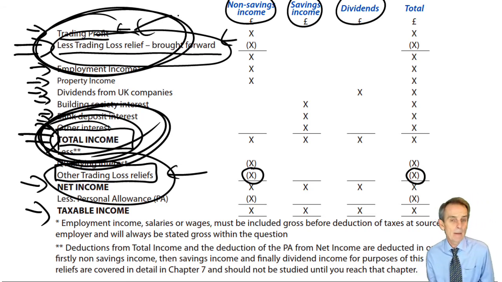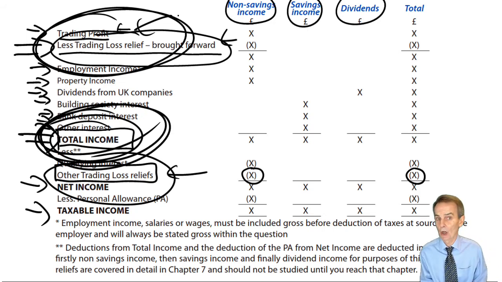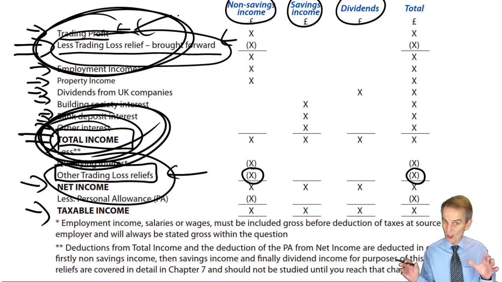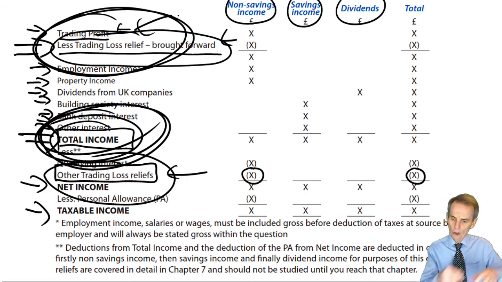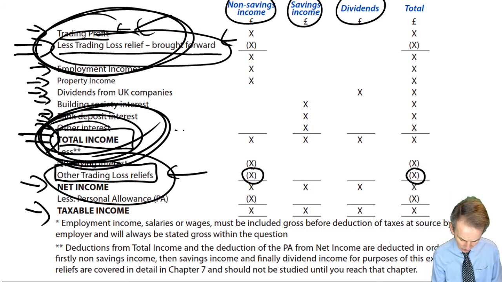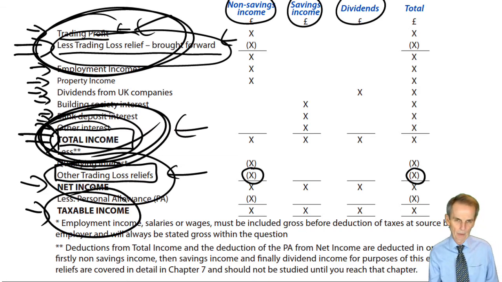Now, that may be seen to begin with to be bad news because that still leaves lots of other income still to be charged to tax potentially. But the snag about the more generous reliefs against total income in the current tax year, in the preceding tax year, is that they go against total income. They don't go against taxable income. They go against total income.